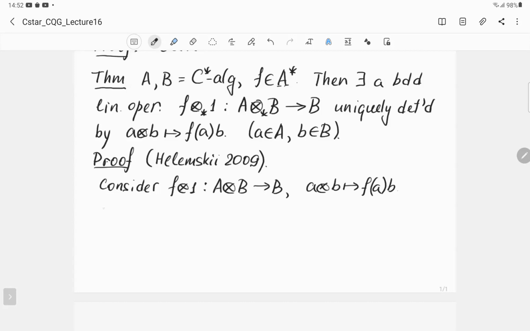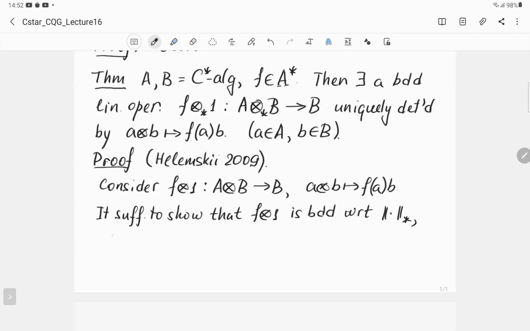Now, to prove the theorem, it suffices to show that this map, f tensor 1, is bounded with respect to the spatial tensor norm, and that the norm of this map is less than or equal to the norm of f.